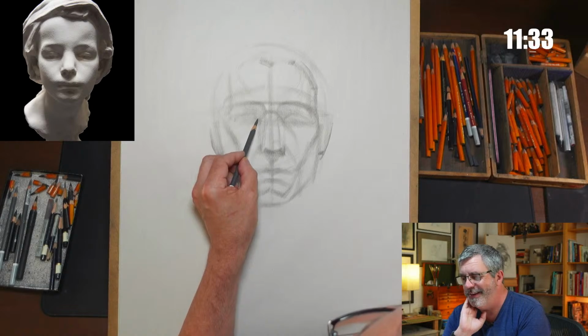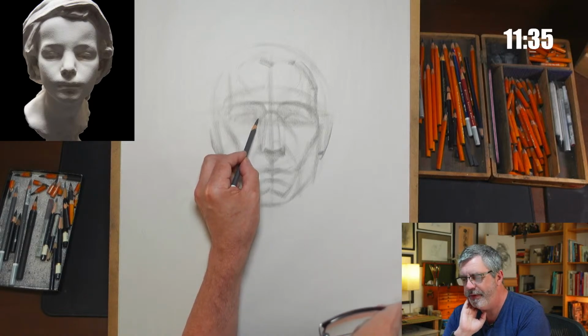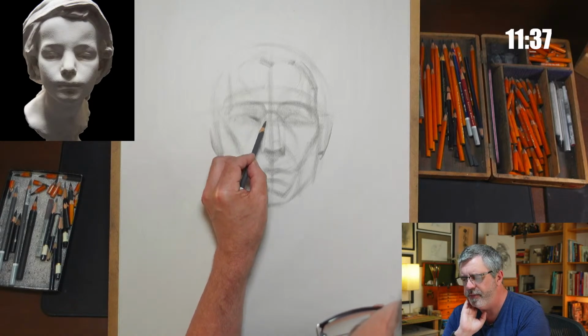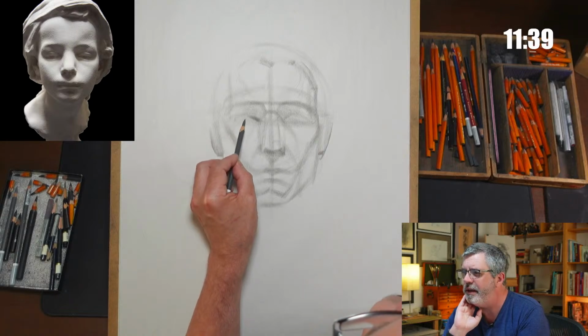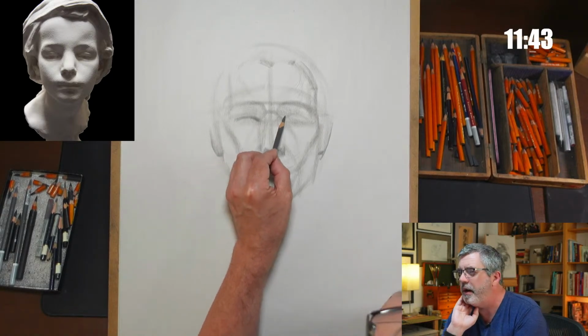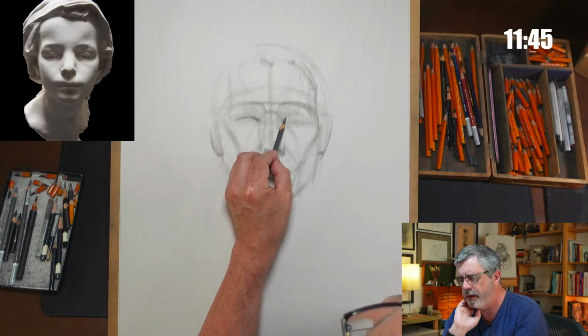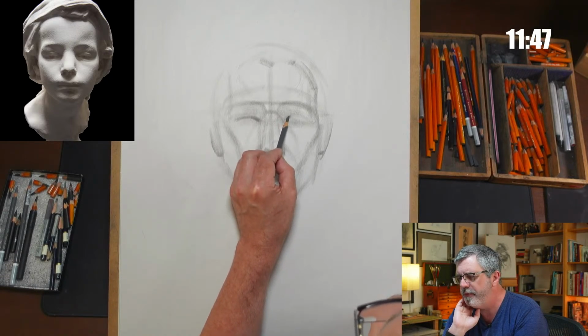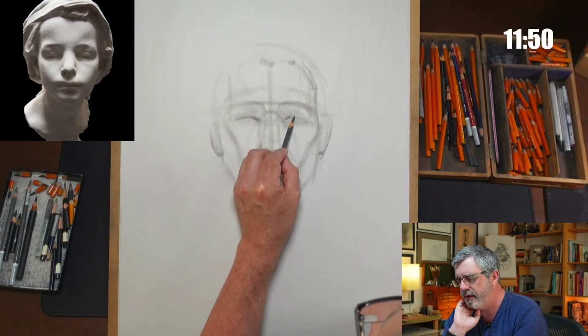Honestly, this is a challenging first pose because it is completely straight on. As I think I've said before, profiles tend to be easiest.